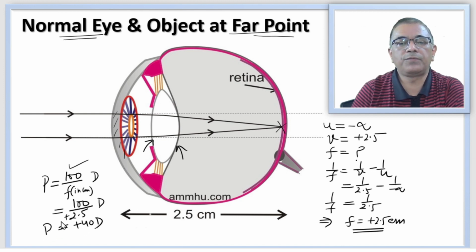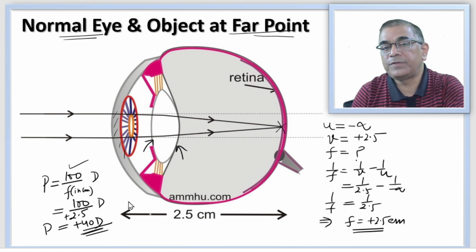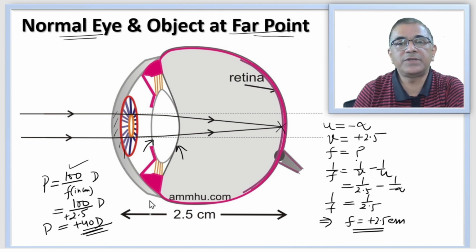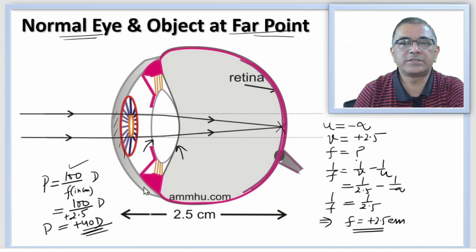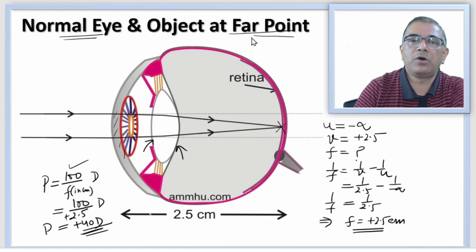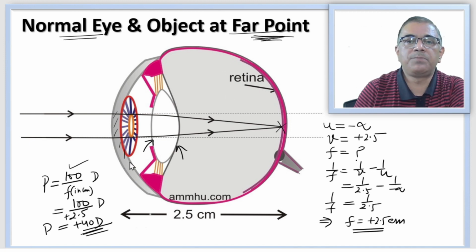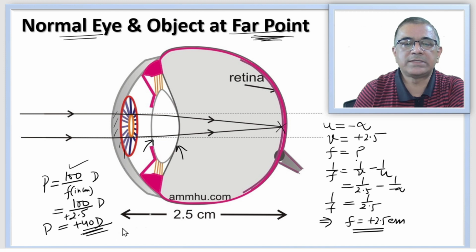So the power of the eye lens system when the object is at far point is 40 diopter. You see, the focal length of the eye lens system changes, and hence we should be able to find out the power in extreme situations. And the first extreme situation happens to be when the object is at the far point: the power of the eye lens is plus 40 diopter.